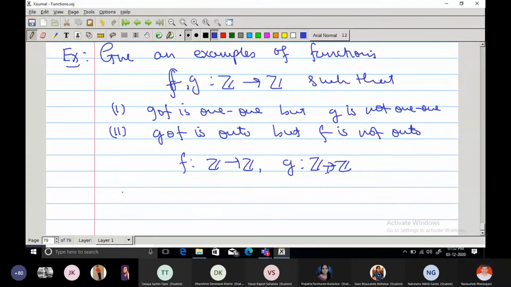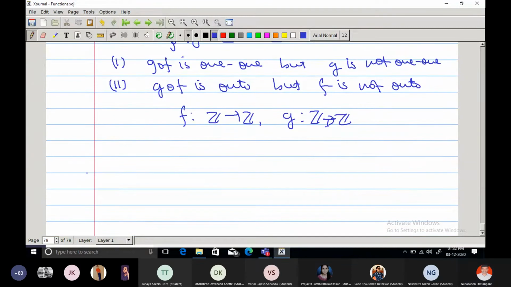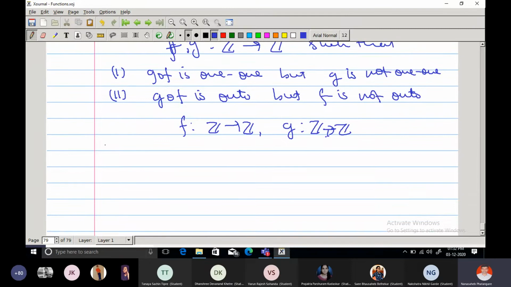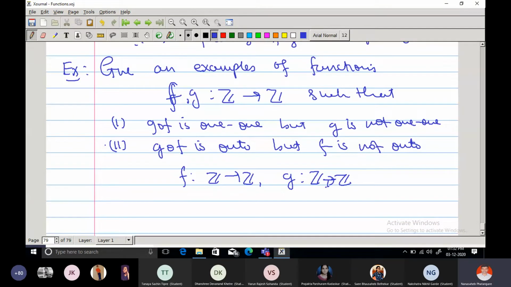Correct. But here, if g composite f is 1-1, then f is 1-1, and if g composite f is onto, then g is onto.